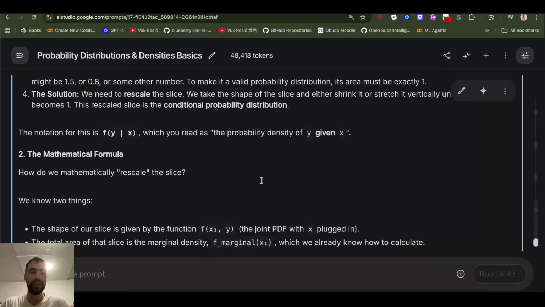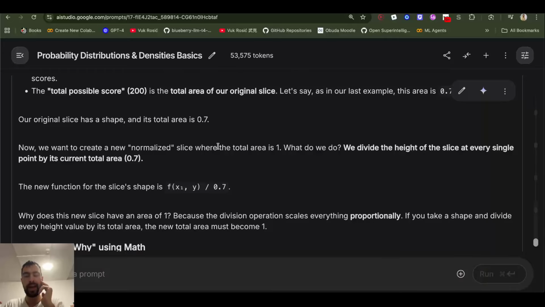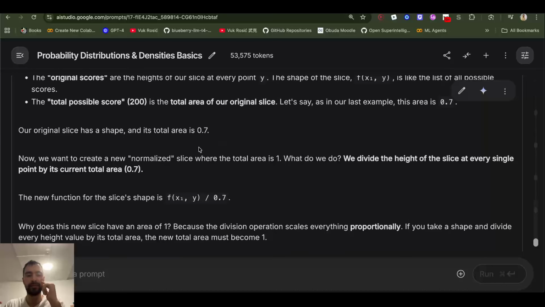But to make it conditional, we need to make it add up to 100% below this function curve. And there is just a simple mathematical trick to rescale this function to make the area under it add up to 1. So imagine that right now we have the function f of our picked x, which can be some number like 0.2, and variable y.